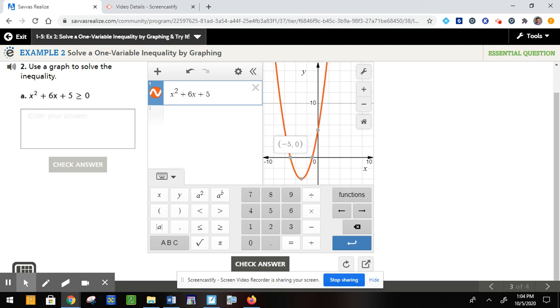Well, there you go. Just by highlighting that, I can see that x value is -5. So all the x values less than or equal to -5, because this is saying greater than or equal to 0 here. So at -5, it is equal to 0. So that part counts. So the x values less than or equal to -5, and the x values greater than or equal to -1. Okay? If you check your answer, you'll see the same thing.